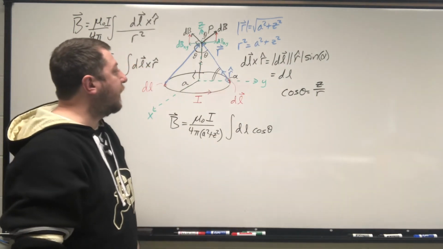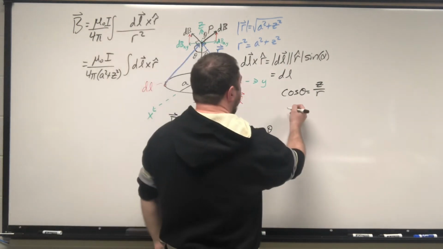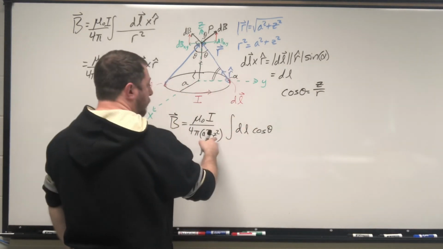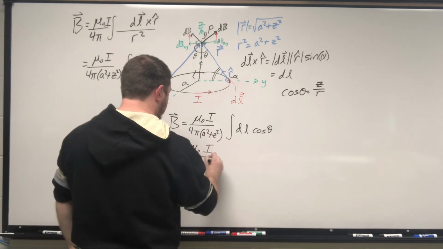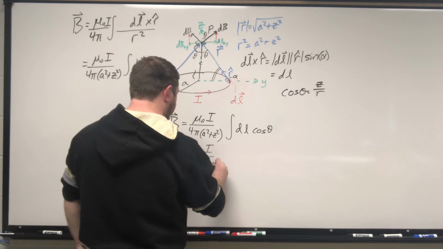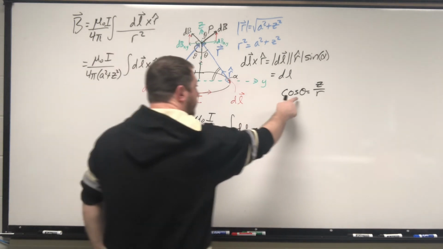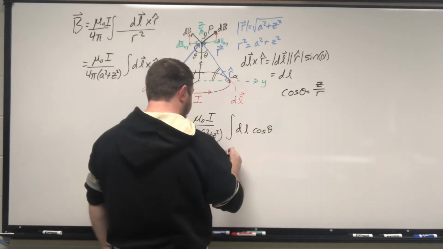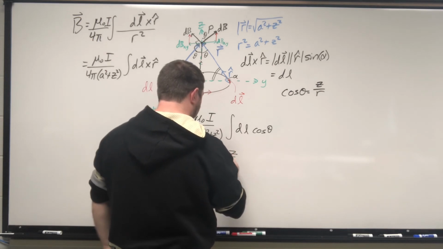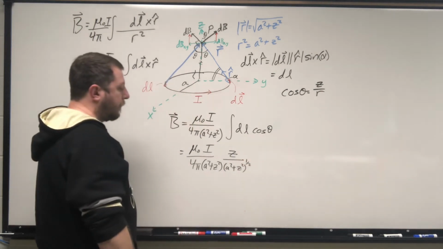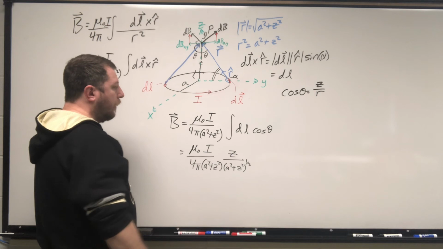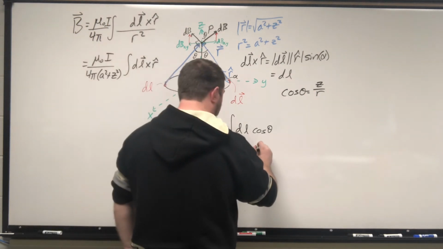And so this turns into mu naught I over 4 pi a squared plus z squared times the cosine of theta, which is z over a squared plus z squared to the 1/2, and then still the integral of dl.